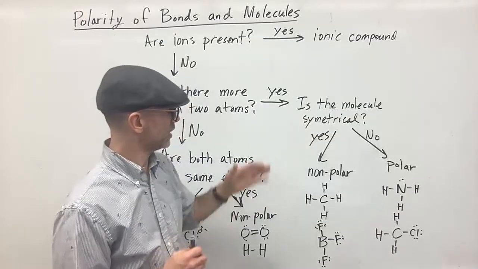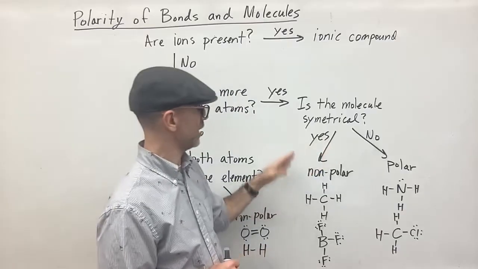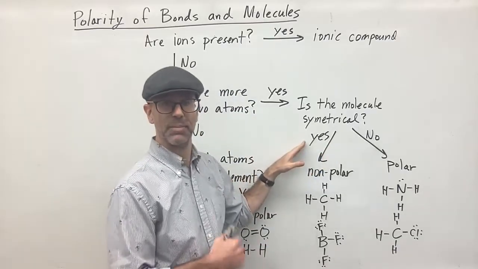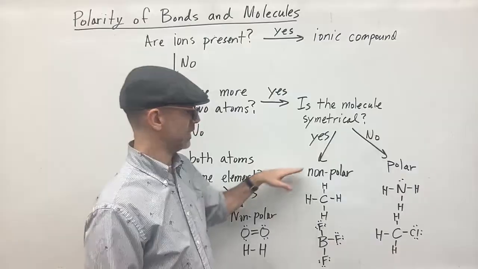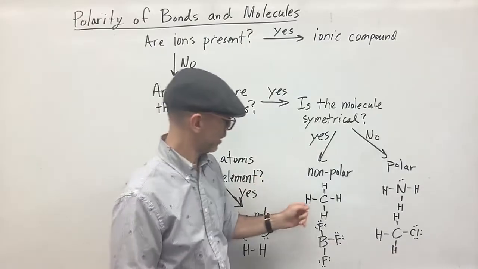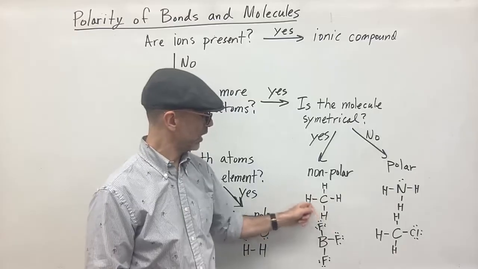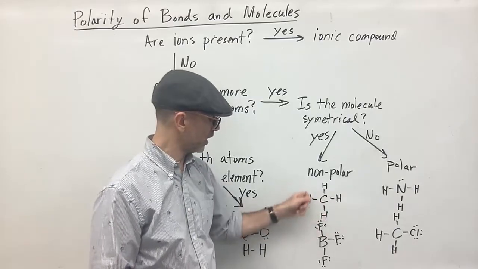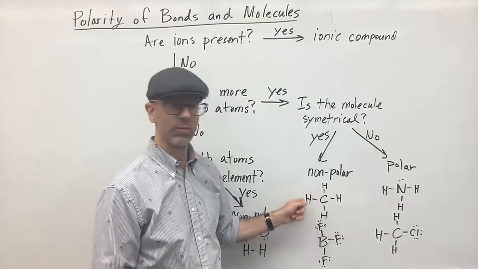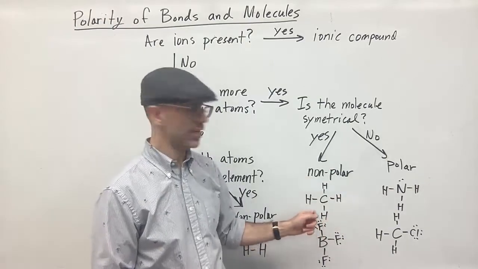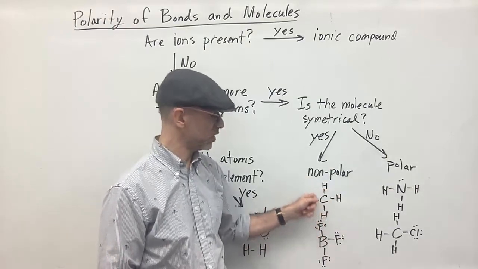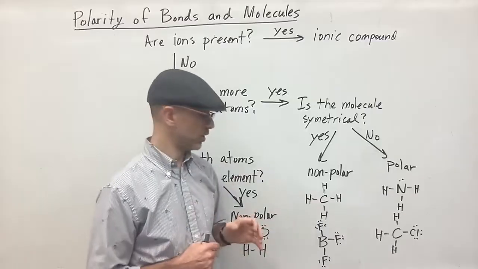If we answer that question as yes, the molecule is symmetrical, then it's going to be a nonpolar molecule. And so again, here we have our CH4 molecule. Notice that all of them are the same atom, and we have a tetrahedral structure. So the polarity in these bonds would cancel each other out.